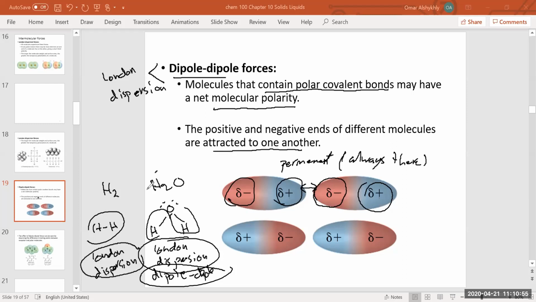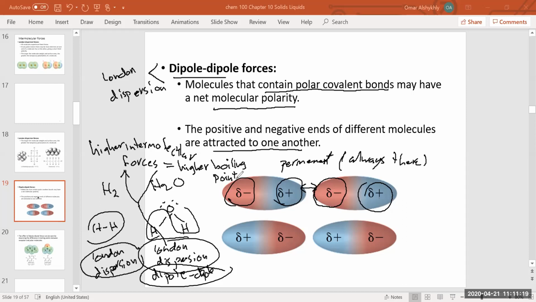Water will have stronger, higher intermolecular forces, which will give you a higher boiling point and also a higher melting point.